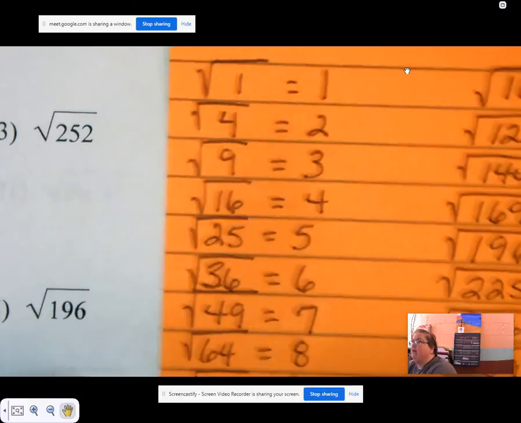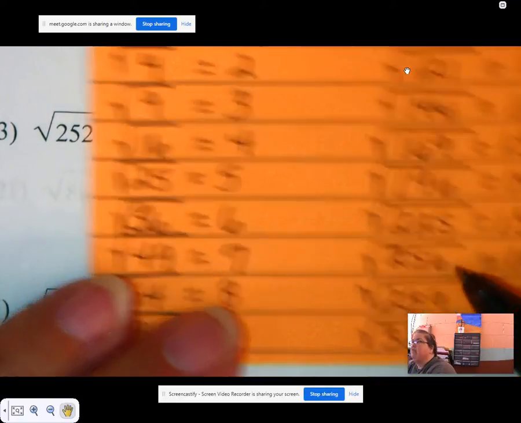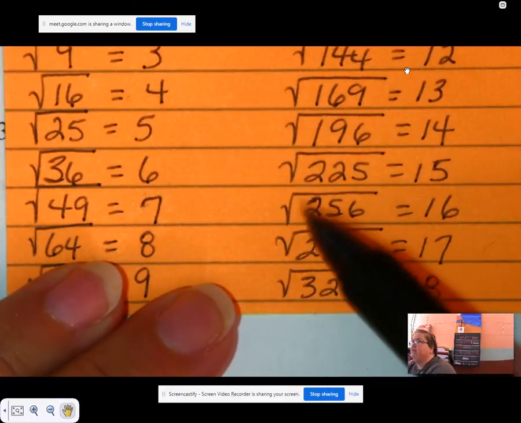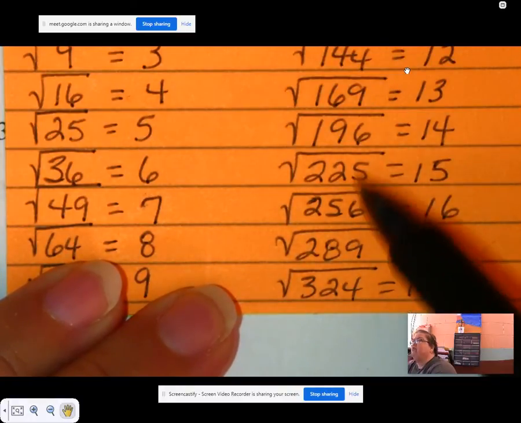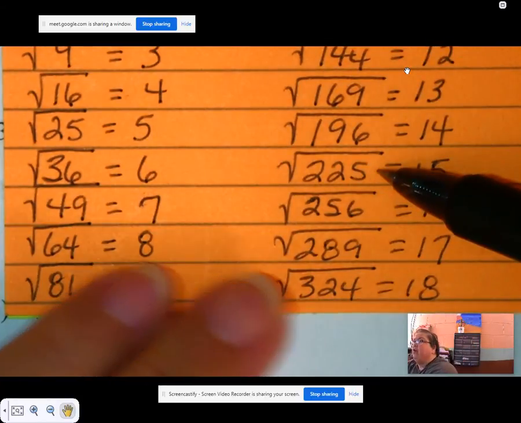So when I look at my perfect roots, 252 is not one. There's 256 and then 225. So what I'm looking for is the largest perfect root, yes? Because remember, I can find smaller ones, but then there are more in there I have to keep working. So I always start at the larger number.